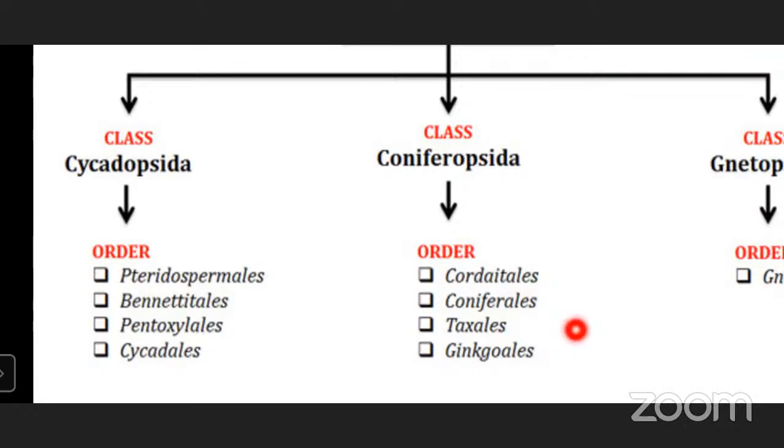Example is the ginkgo plant. Ginkgo biloba is the best example for Ginkgoales, and that ginkgo plant is the best example for a living fossil.